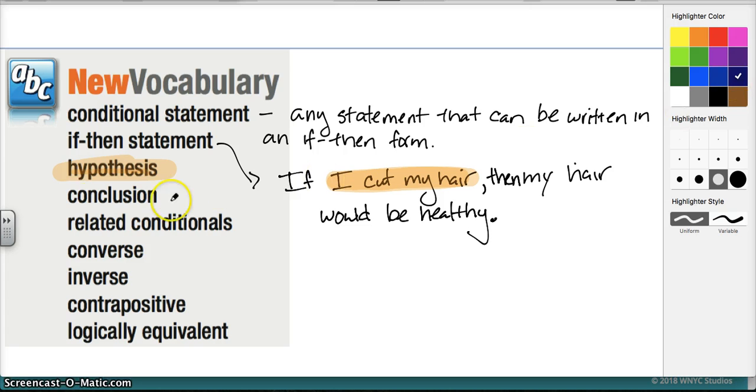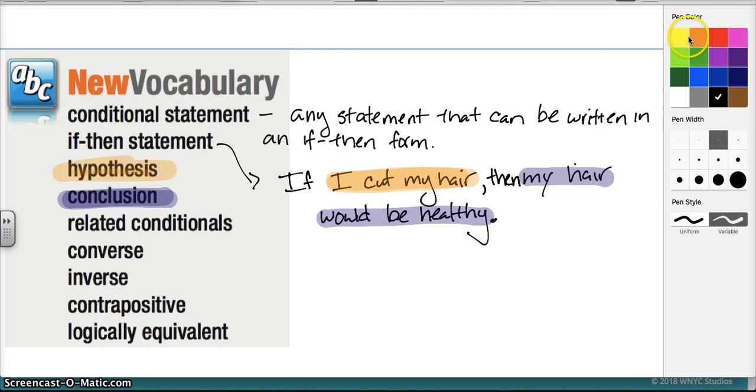The conclusion, I'll do in blue or purple. Looks like it's purple. If I cut my hair, then my hair would be healthy. So my hypothesis is going to be the first phrase after the word if, and the information that follows then is the conclusion.